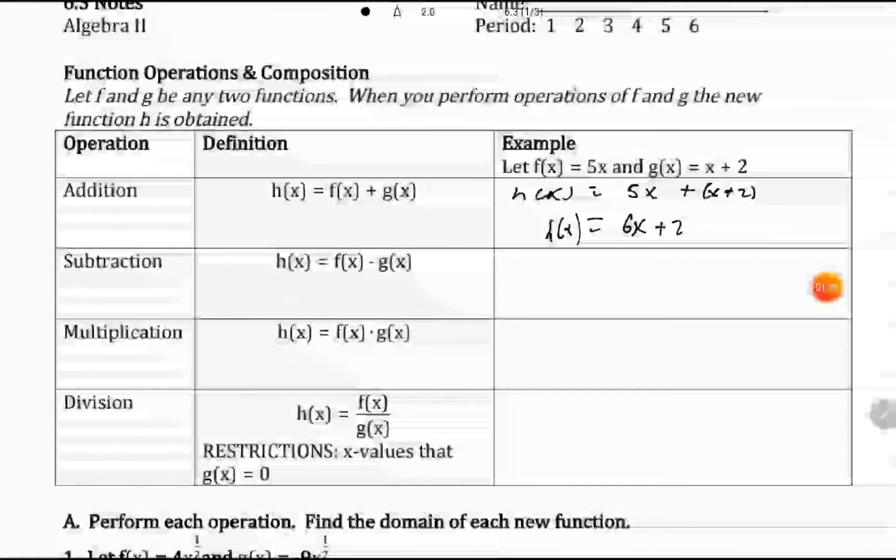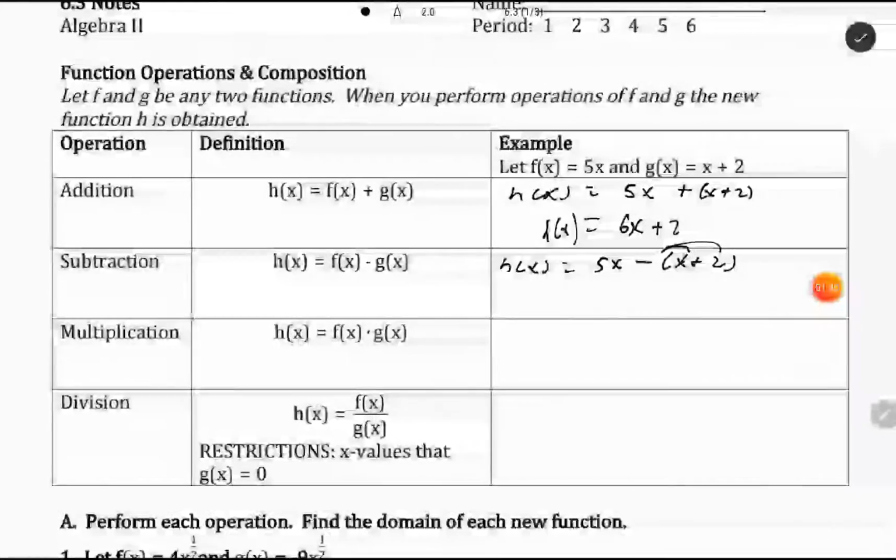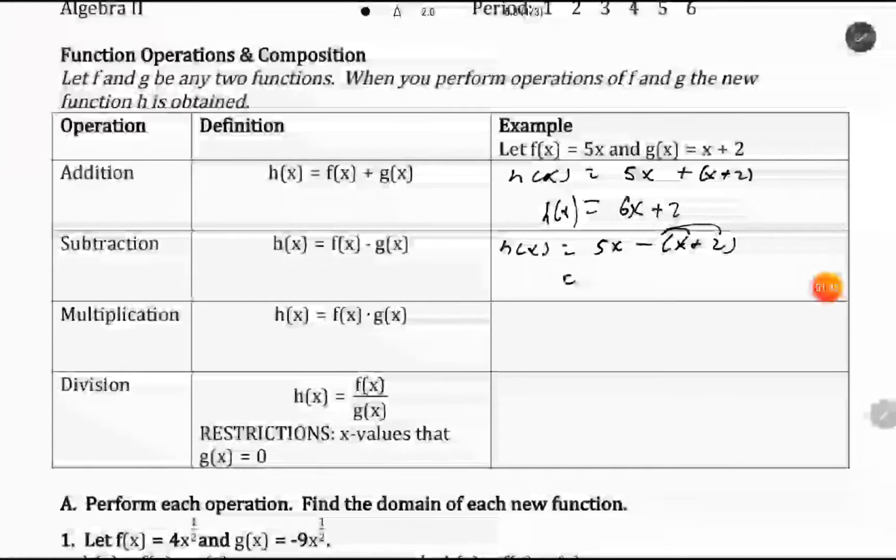Okay, subtraction. H of x equals 5x minus, and then parentheses x plus 2. This minus gets applied to both terms, so 5x minus x is 4x, and then we have minus 2.